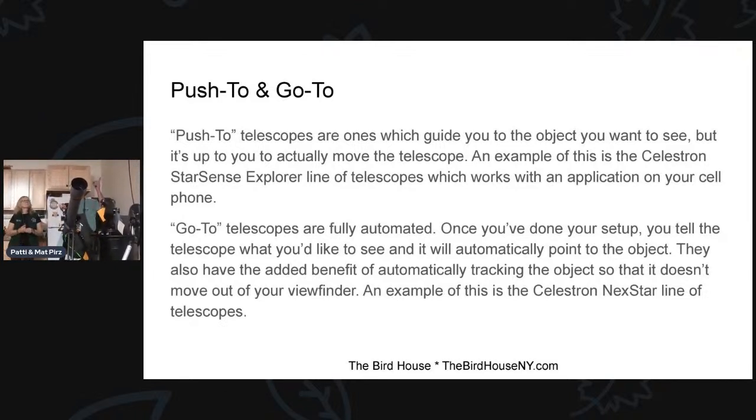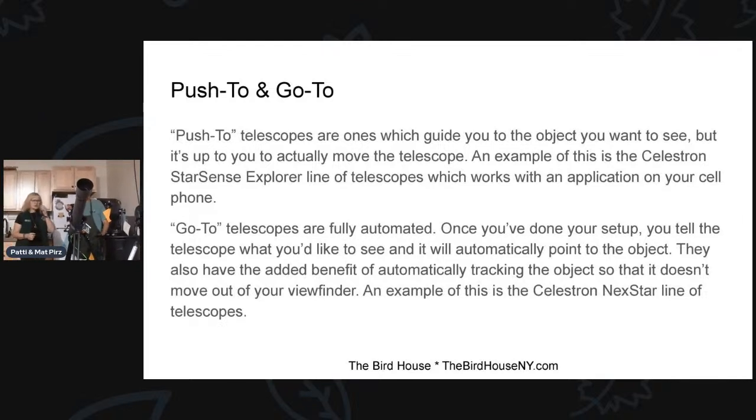Oh, don't forget about the StarSense app. Celestron came out with this really cool StarSense app that goes with the StarSense Explorer series and works with your phone. You click your phone onto it. It has a mirror.